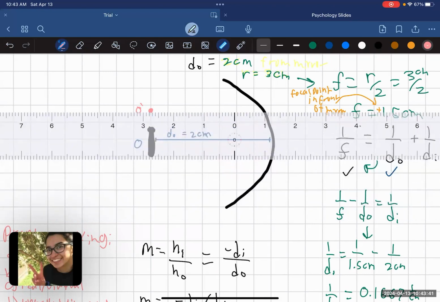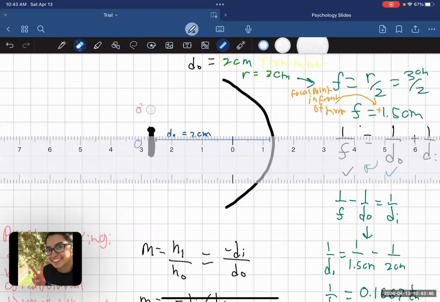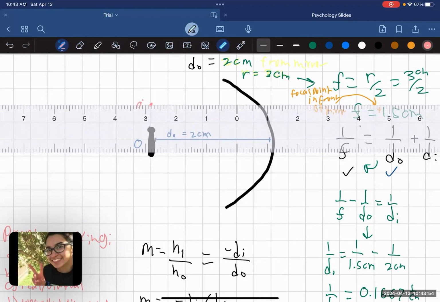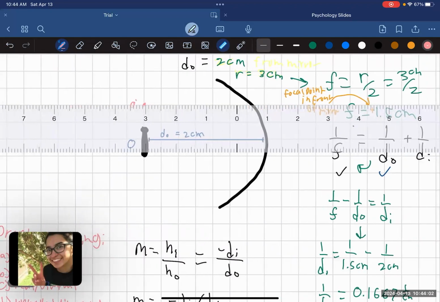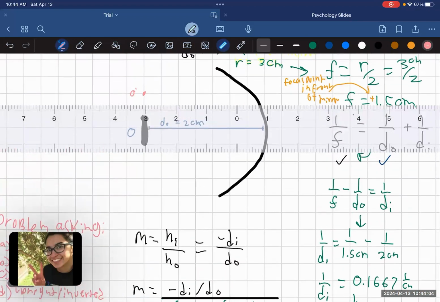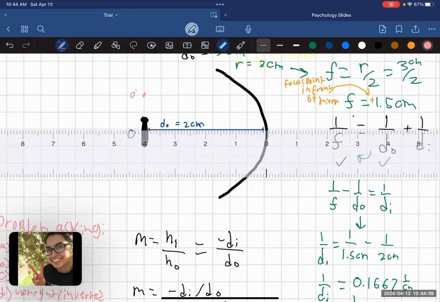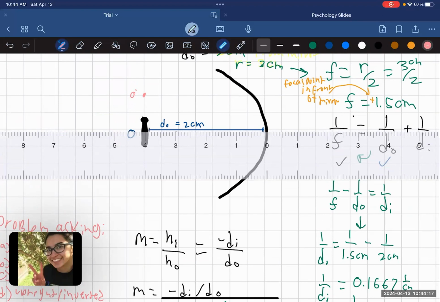Make sure this is at 0. Yeah, it's at 0. Okay. You know what? Let me draw it slightly higher so we can follow the line there a little bit. You know what? Let me draw the focal point first. Focal point is 1.5 centimeters. And because I doubled the scale, that means that it's 3 centimeters. So here's your focal point.